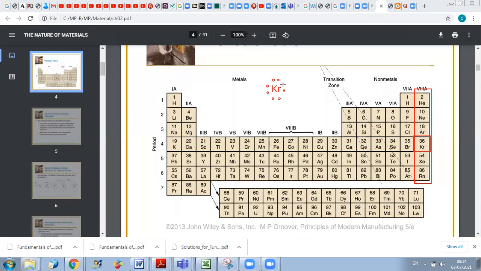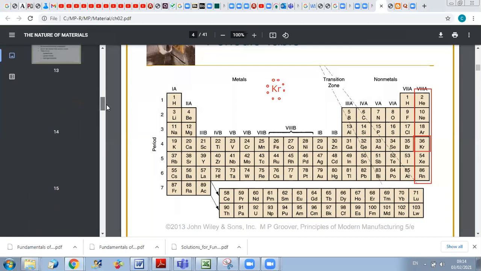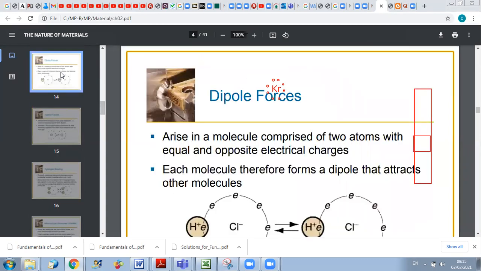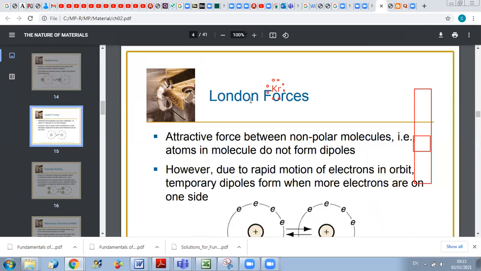If you look back here, when we went through secondary bonding, you have different types. The first one is dipole forces, which arise in molecules comprising two atoms with equal and opposite electrical charges. The second one is London forces, which are attractive forces between non-polar molecules.